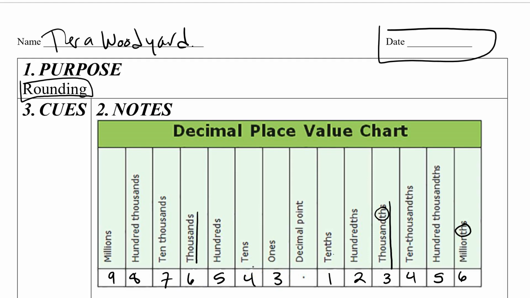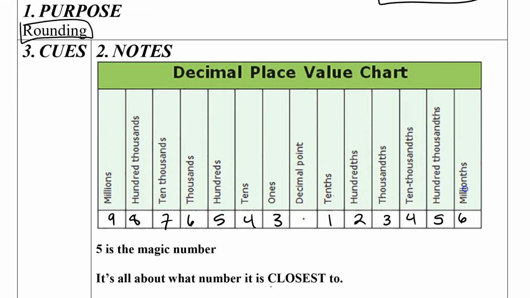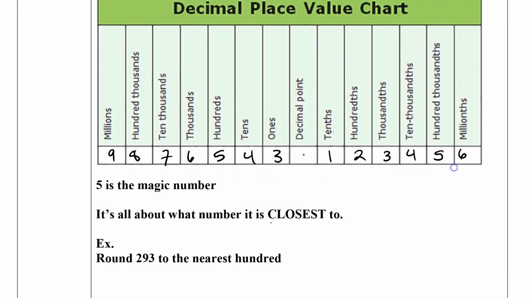So this would come up in rounding if it said, okay, round to the nearest hundredth or round to the nearest million. If this chart helps you out in knowing where a certain place value is, you are totally welcome to have the sheet out just so that you can see where it's coming from.